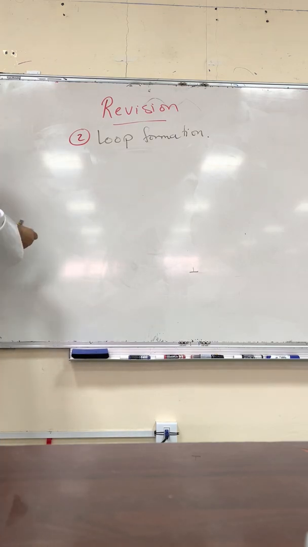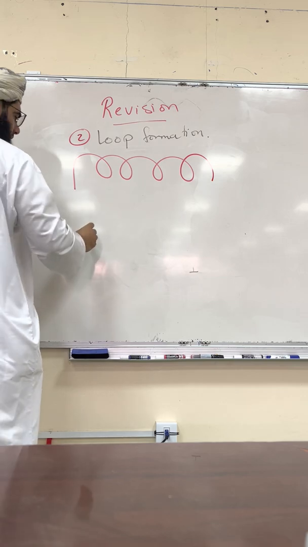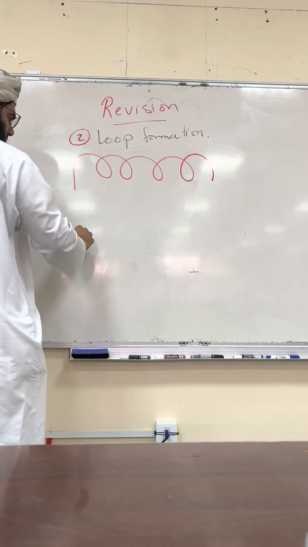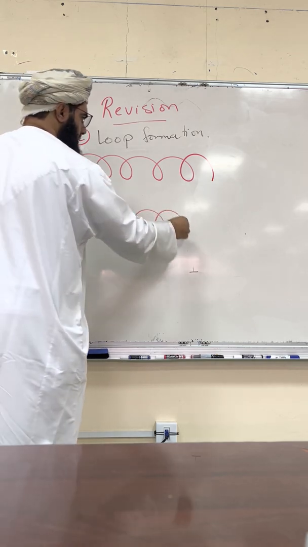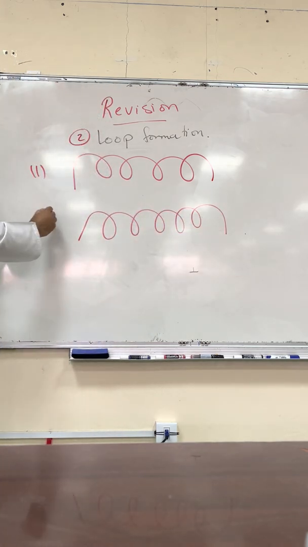So let's say that this is a solenoid, and this is also another solenoid. This is solenoid number 1, solenoid number 2.